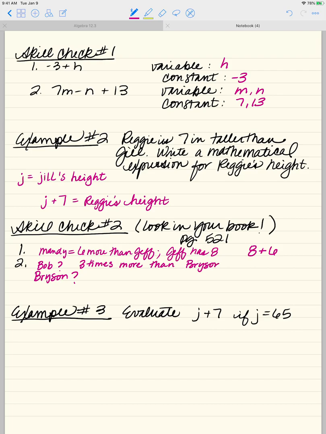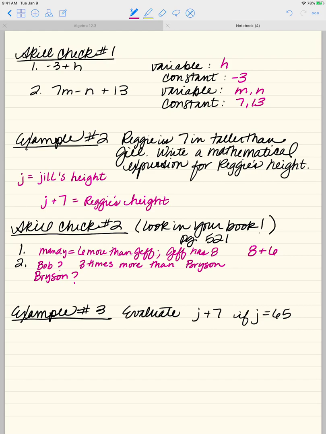So can I write a numerical expression here for their stamps? No, I cannot. Can I write an algebraic expression? Yes, I can write an algebraic expression because I'm going to have a variable. I have something that I don't know, okay? I know that Bob has 3 times more than Bryson, but I don't know how many Bryson has.